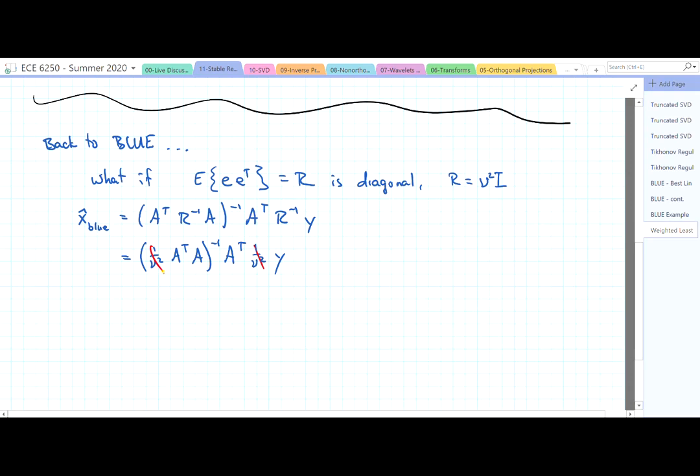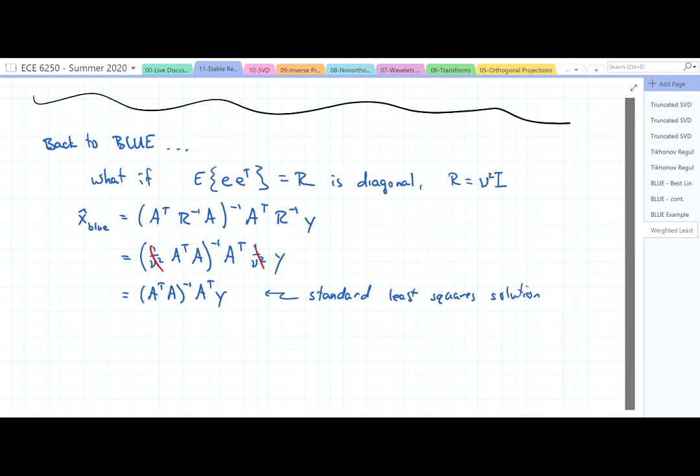These two values cancel, and that just gives us (AᵀA) inverse Aᵀy when A is full rank. This is basically our standard least squares solution. So just one other example.